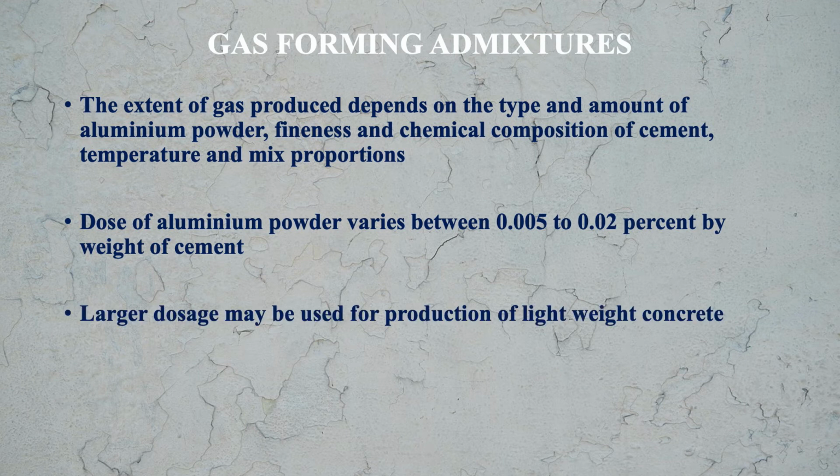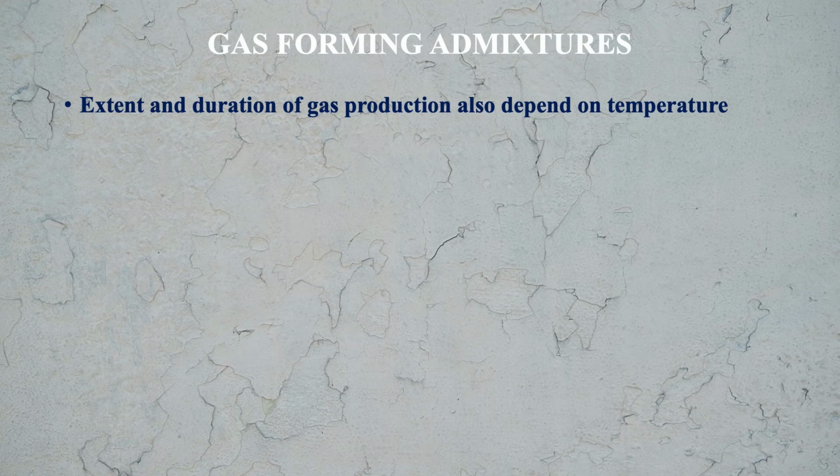Larger doses may be used for production of lightweight concrete. How will it become light? Because more gas is introduced, it will make the concrete light. Extent and duration of gas production also depend on temperature.